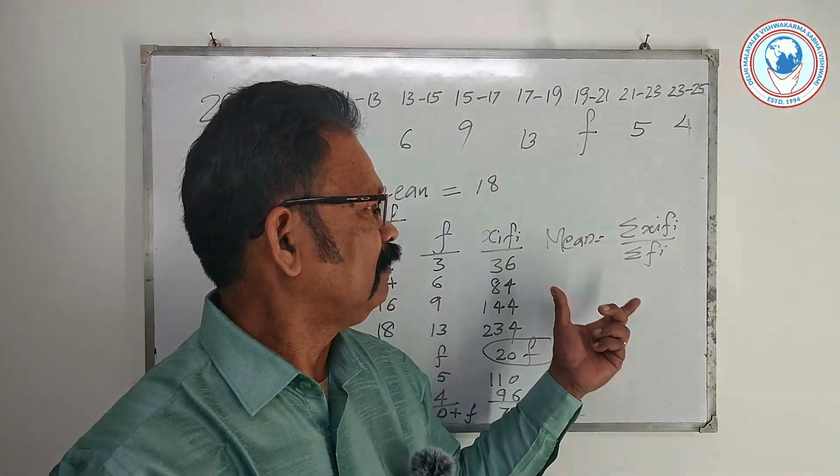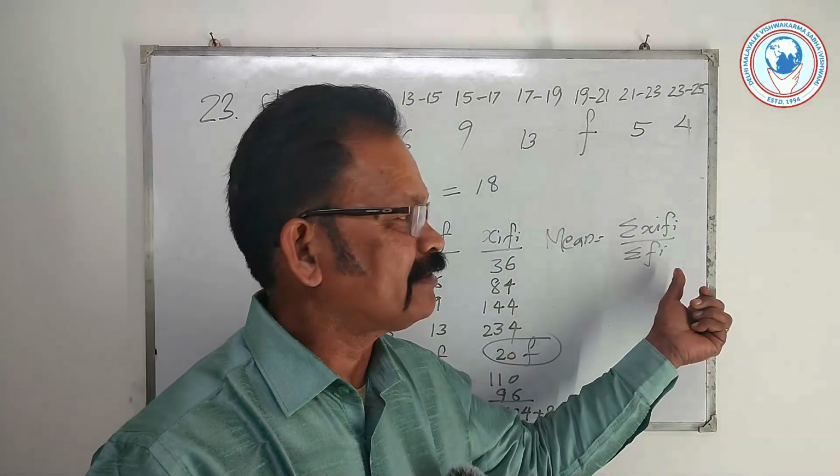Formula for mean equals sigma xi fi divided by sigma fi.